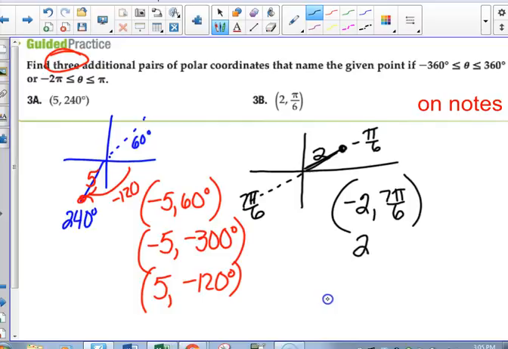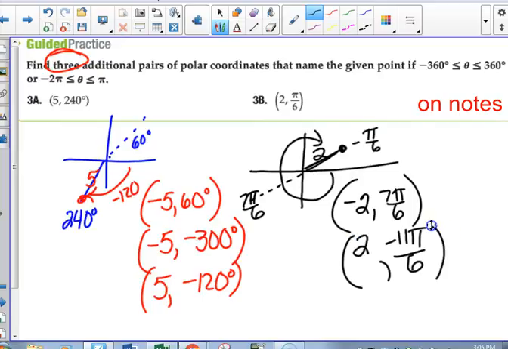I need radians, though. We can do another positive 2, but we got to go all the way around. Wait. Yes. Nope. I don't know why I had a negative on that. You're absolutely right.